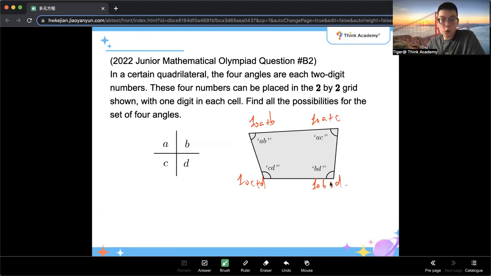So basically all of these added up is going to be 360 degrees, which is the interior angle sum of the quadrilateral, right? So we have got 4 unknowns here. How do I try to make it a bit simpler? So first of all, we can see that combined all of them, you're going to get 20A adding 11B, adding 11C, adding 2D equals 360, yeah?